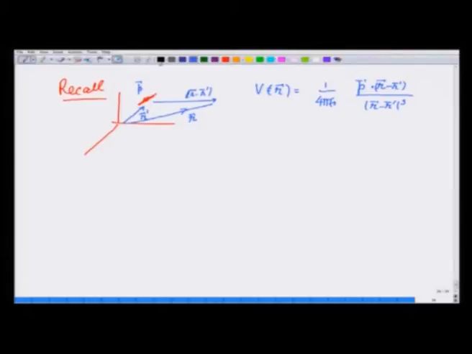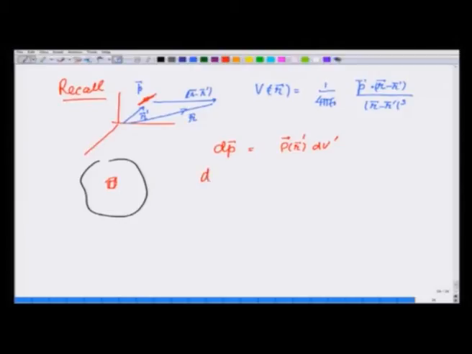So, now if I have a distribution, let us take this small volume, and I just said that the dipole moment of this is going to be the polarization density P, which is a vector quantity, times dV prime.